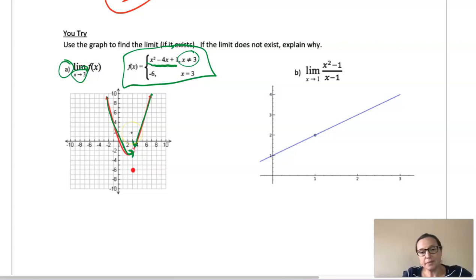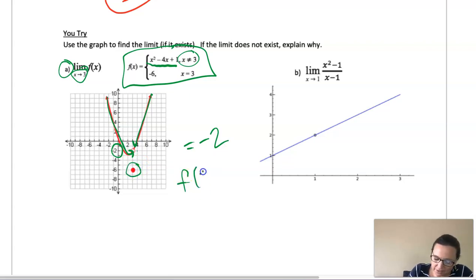I can see that that limit exists because the left-hand side and the right-hand side of the function are both approaching the y value of -2. Even though I see this dot down here, so I could say that f of 3 is equal to -6, I noticed that these two things are not equal.